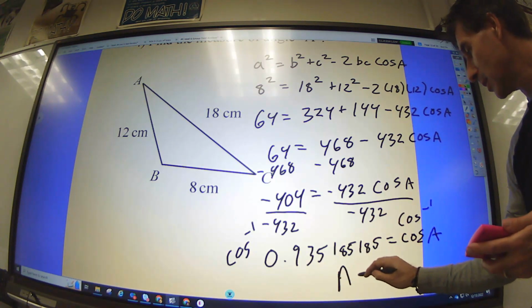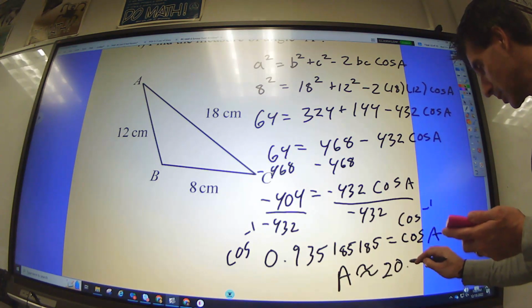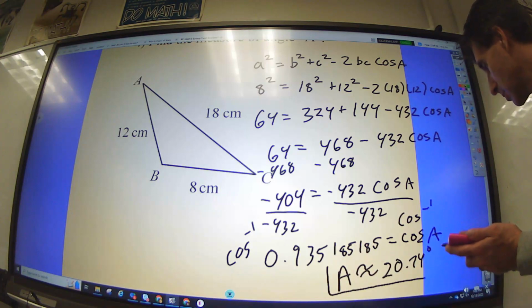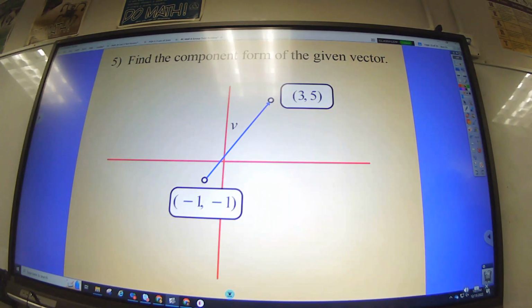Which is 400 plus 625. Square root of 1025.